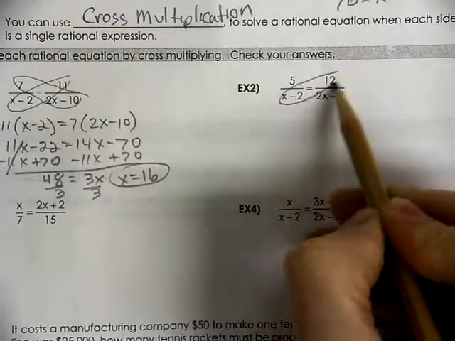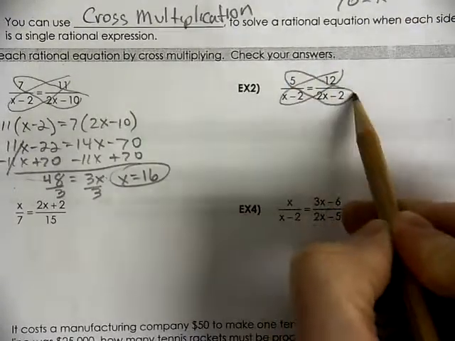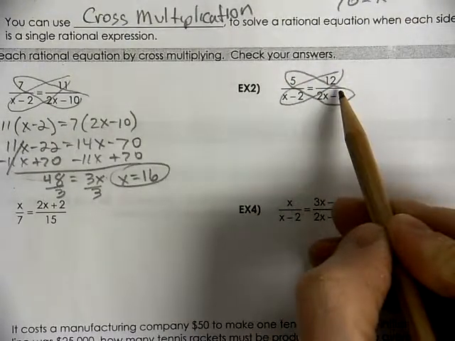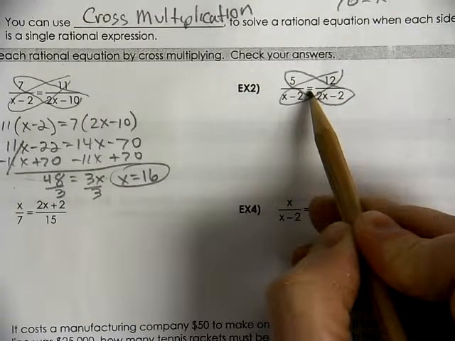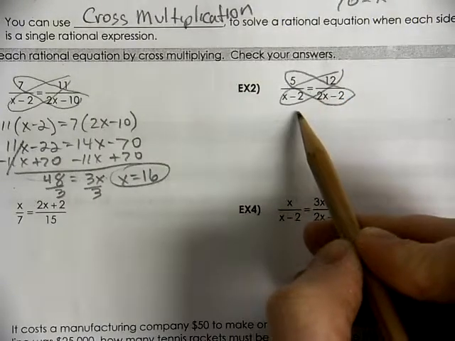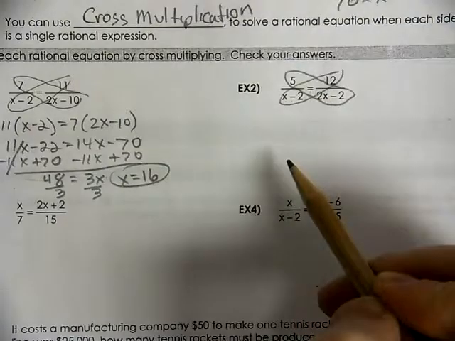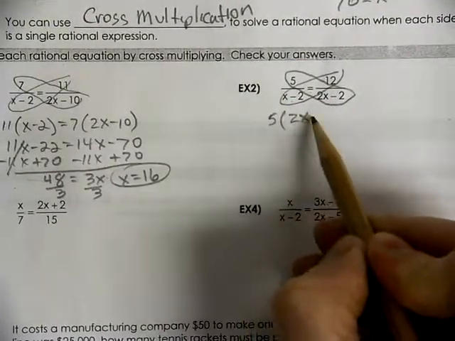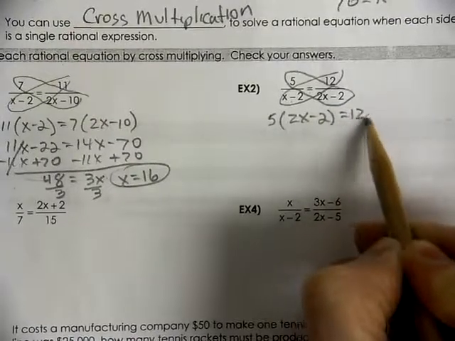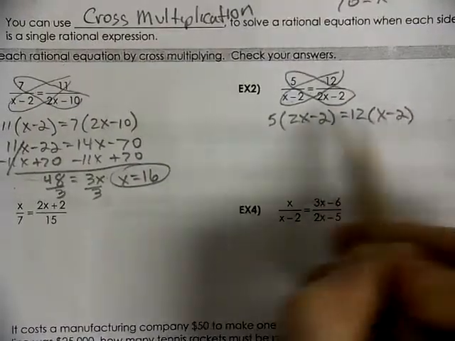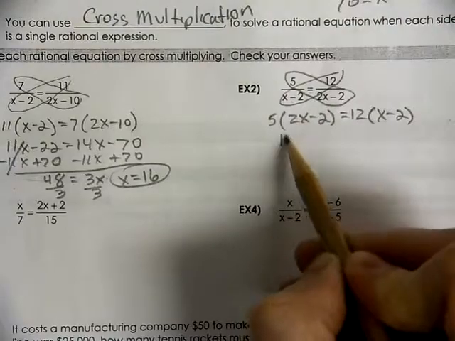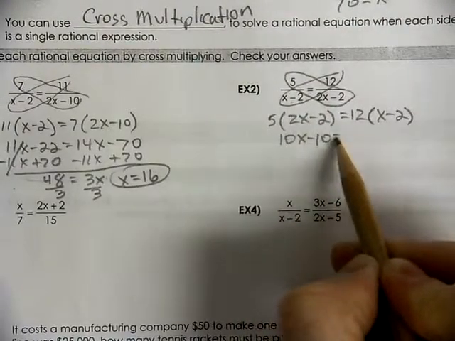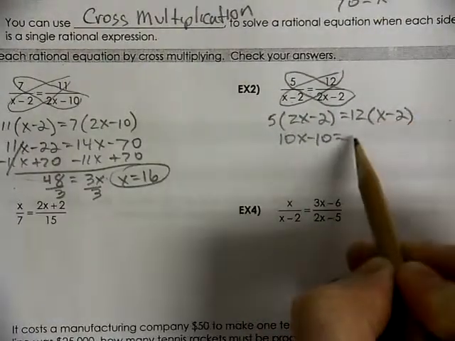Same thing, we'll cross multiply because we have two fractions with an equal sign in between. So essentially it's multiplying by the denominator. Distribute the 5 through. Distribute the 12 through.